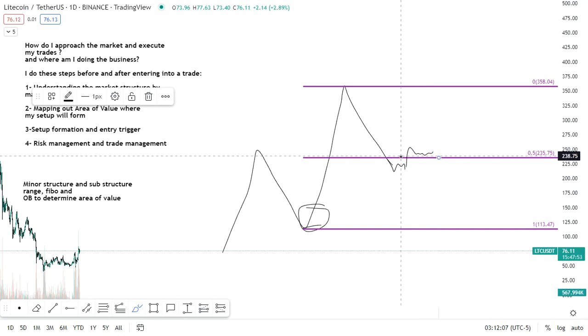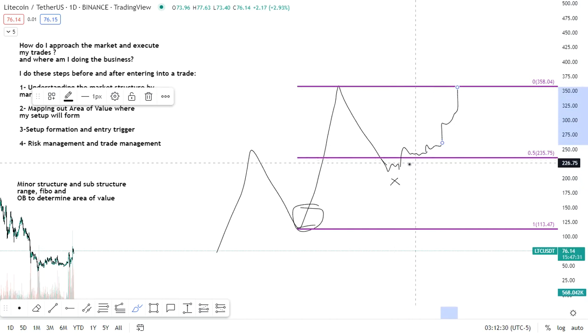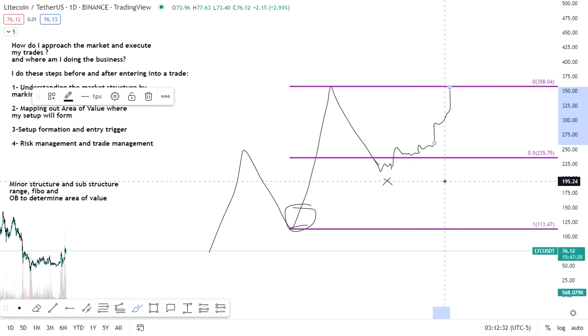It means that buyers are stepping in the market and they don't let the price go and settle below this mid-range. So once you see such a structure, you get involved around here, your stop will be this low and the market will probably go high toward this range high. That's how range traders do their business.